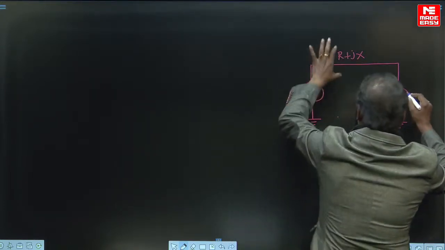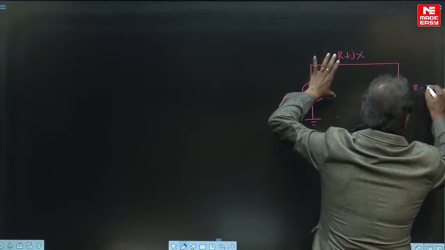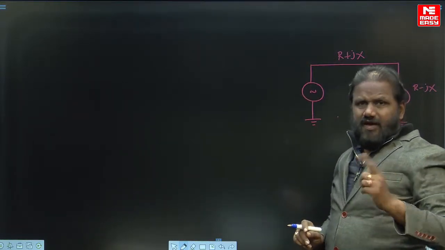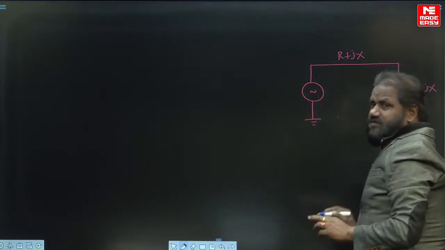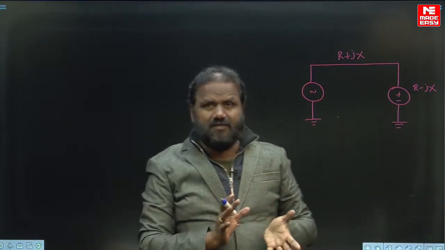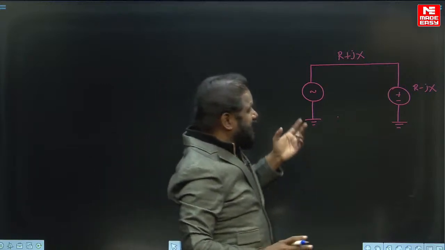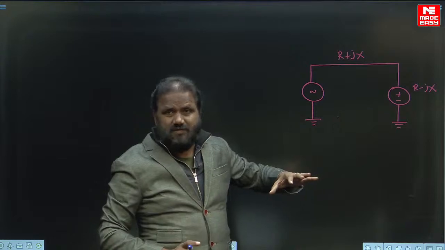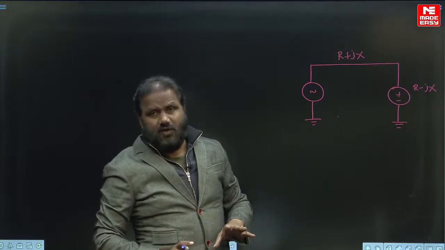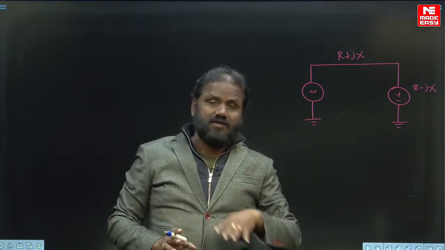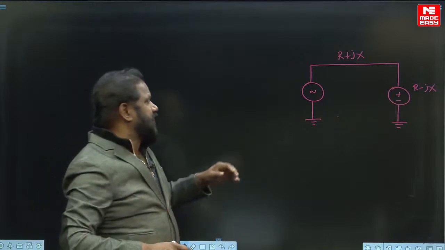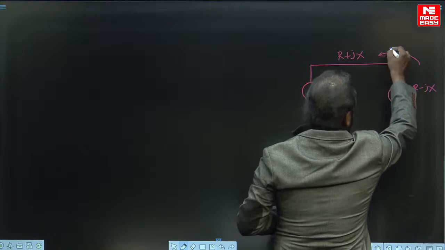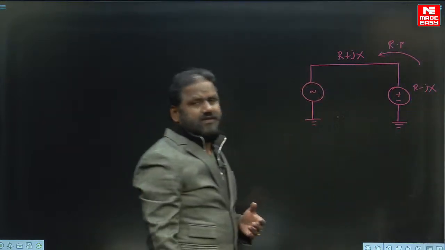What does complex conjugate mean? If it is R plus jX, it should be R minus jX. Plus jX here is inductive in nature, so minus jX will be capacitive in nature. This means that only when the load is capacitive in nature is the transfer of the maximum power from source to the load possible. If the load is capacitive in nature, the load will inject reactive power into the network.